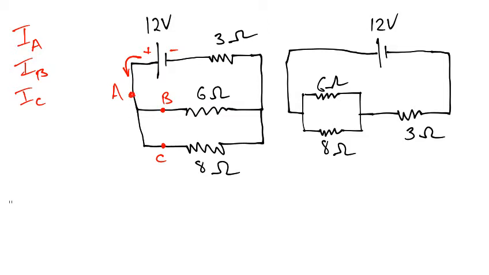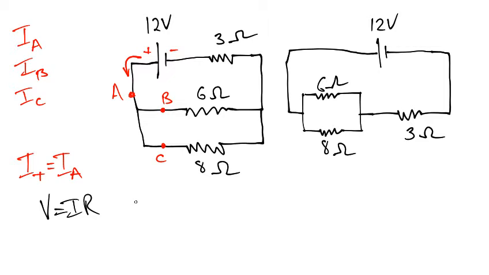Now that we know that, we can write down here that in fact the total current is going to equal the current that travels through point A. Now that's pretty simple to solve, because we're going to say, all right, well, remember our equation V equals IR from Ohm's law.